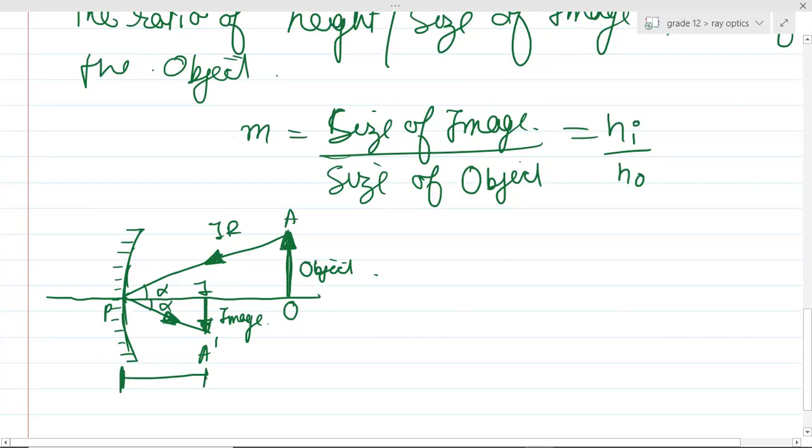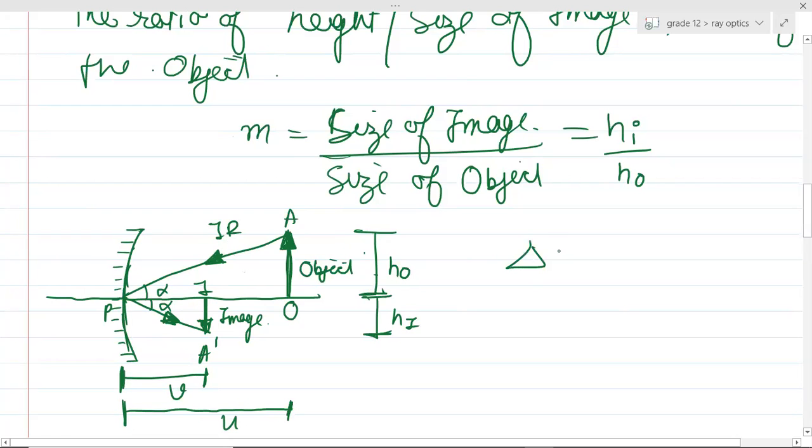This distance is basically V and this distance is basically U. Image distance, object distance. The height of the object is HO, and the height of the image is HI. Now tell me, is triangle PI A dash similar to triangle PAO?